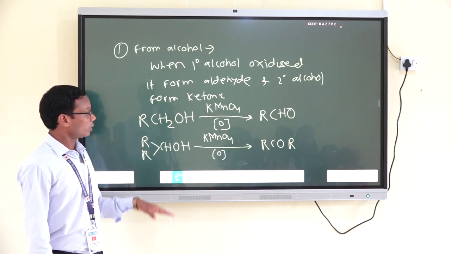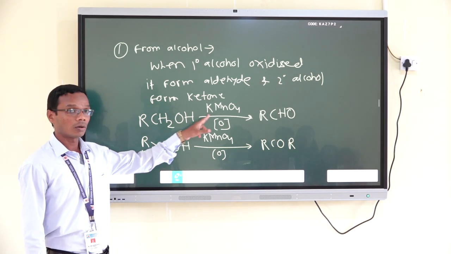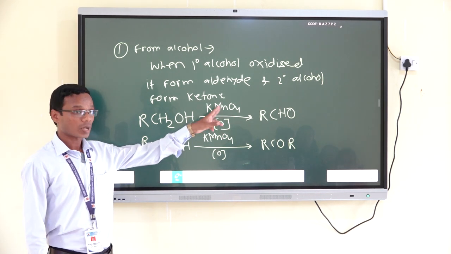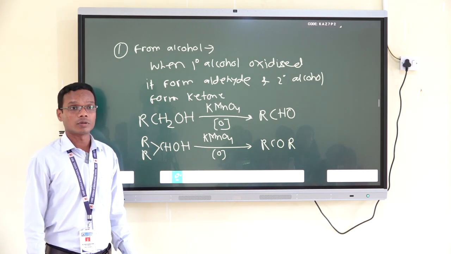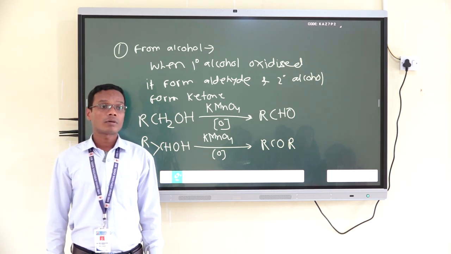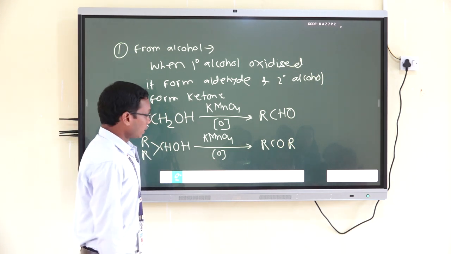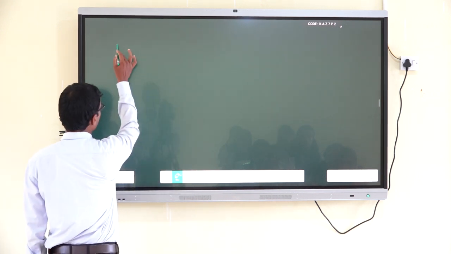So simply you can notice that primary alcohol oxidizes to form aldehyde, and secondary alcohol oxidizes to form ketone. This is the normal preparation of aldehyde and ketone from alcohol.